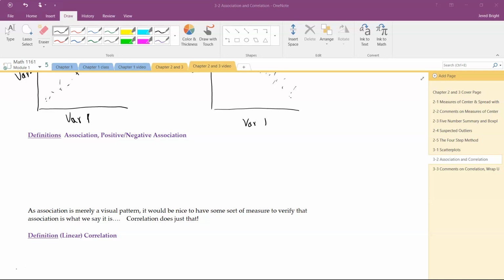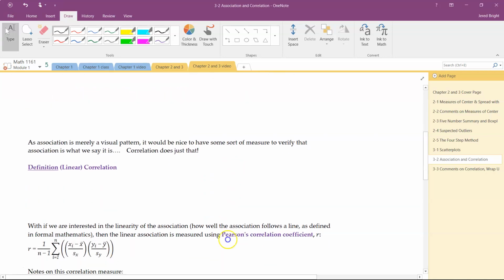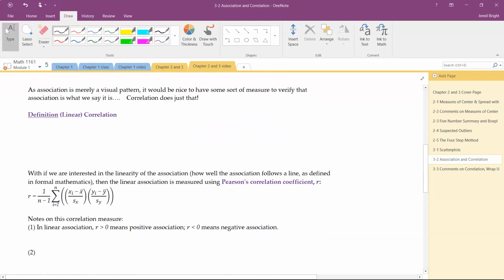So if we can determine the correlation, that's effectively two of the three things we need for the scatter plot. Great. And mathematically, we determine correlation through this nasty formula. It's called Pearson's correlation coefficient, and this is specifically for a linear association.